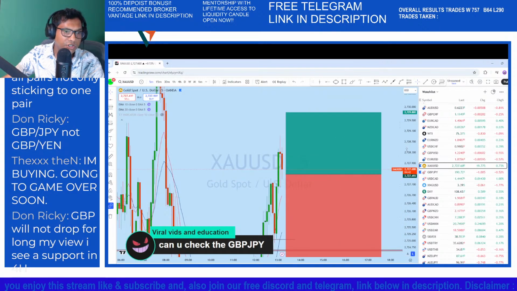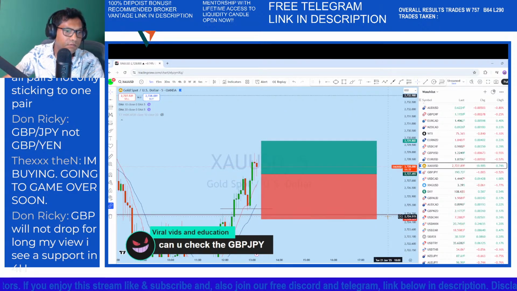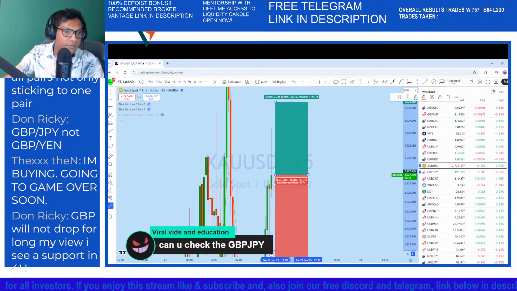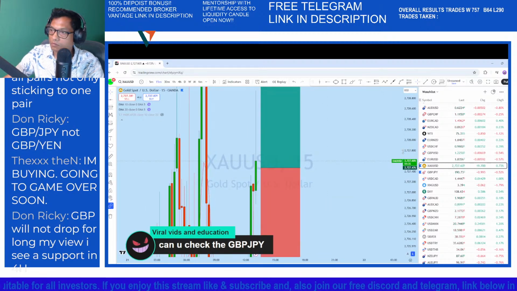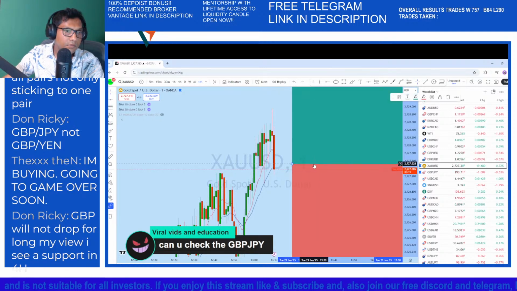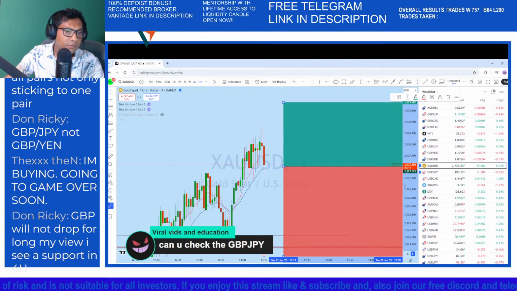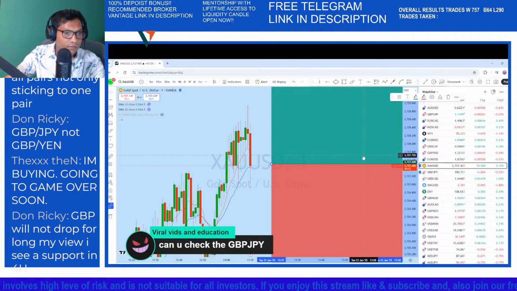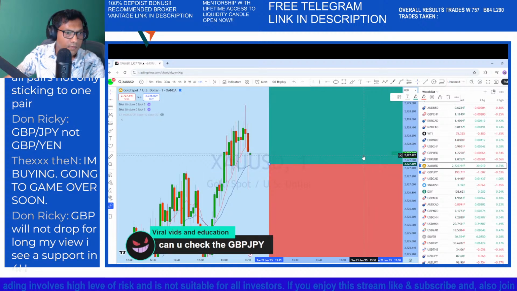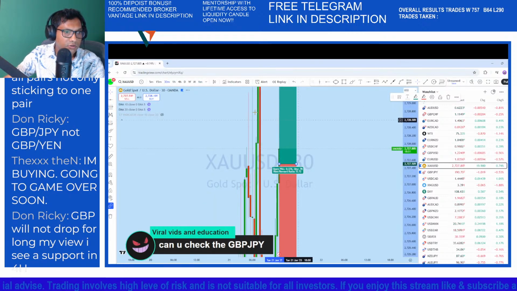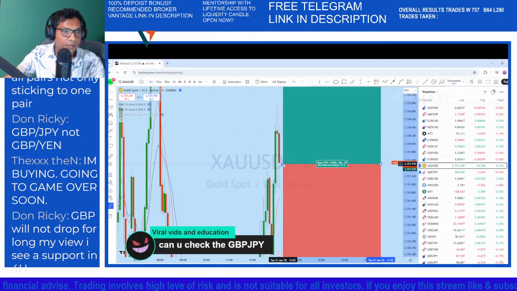So this is the doji formation on the 5 minutes. Okay, so suddenly trying to break. We are at entry.